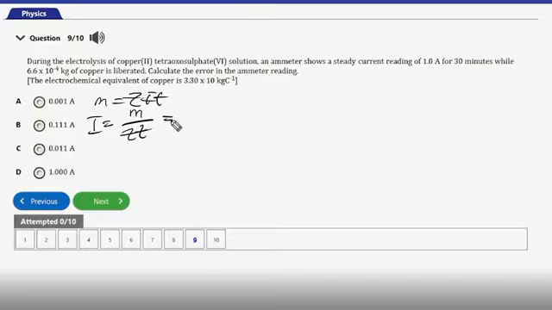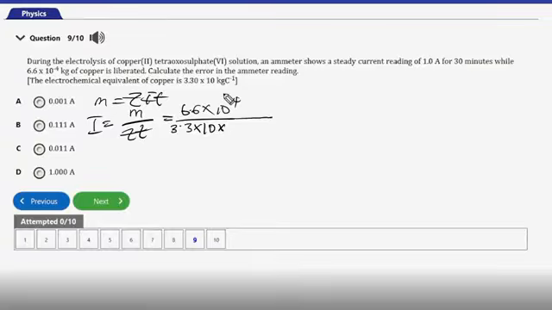So if we make this way, we are going to just substitute each variable here. So M, which is the mass here, becomes 6.6 times 10 to the power of a negative 4, and this will be over Z, which is given to us here already as 3.3 times 10, and then we're going to multiply this by the time, which is given to us in minutes.